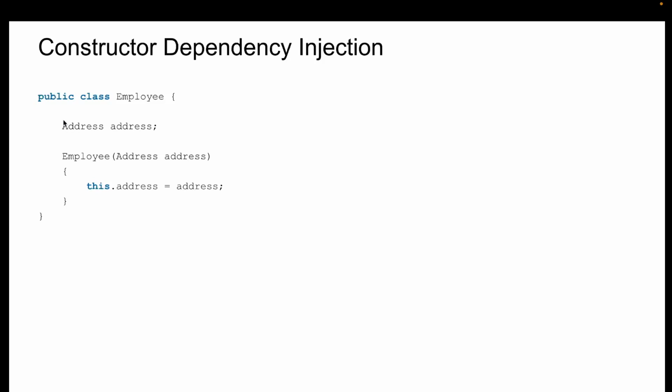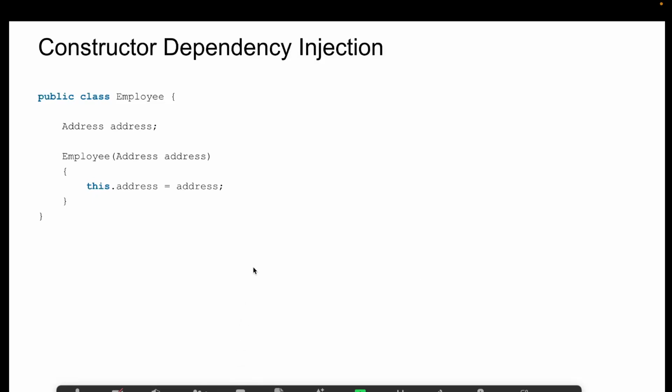But understand for now, this address is an existing class which we have defined somewhere, and we are trying to use it as a data member or an instance variable. You have created instance variables, right? These are basically instance variables or data members, and we are initializing these data members using a parameterized constructor. This employee class has a parameterized constructor where we have taken address as a parameter, and we are initializing this parameter.